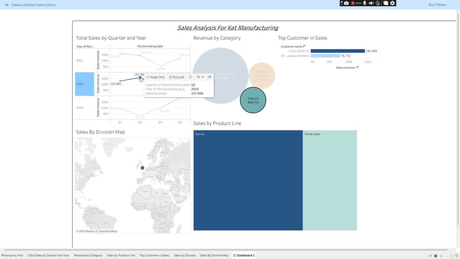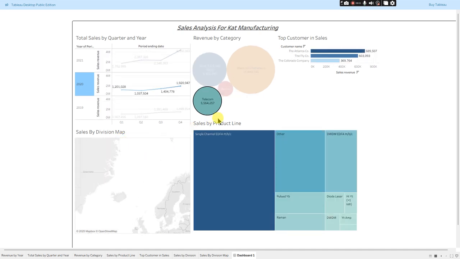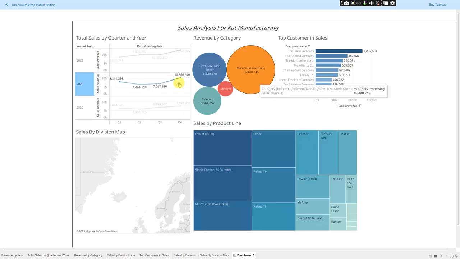On to question 6. Who is the CAT manufacturing top customer in the fourth quarter of 2020? If we go to 2020, we click off of here, click off of telecom. Now we're only filtering by year.